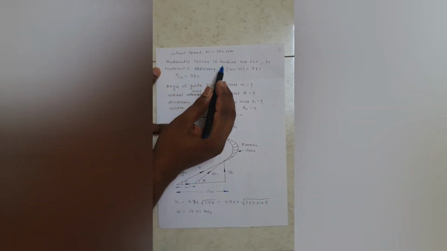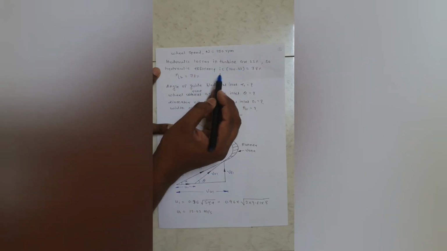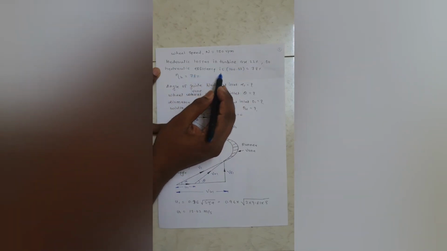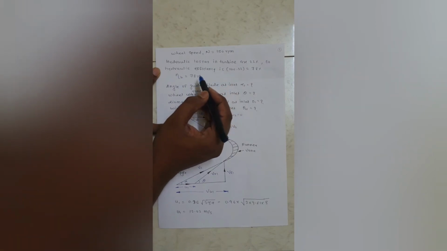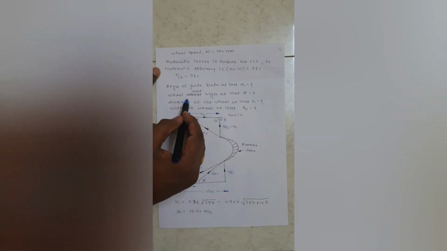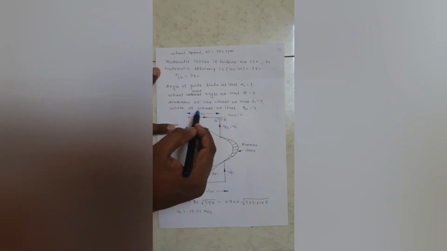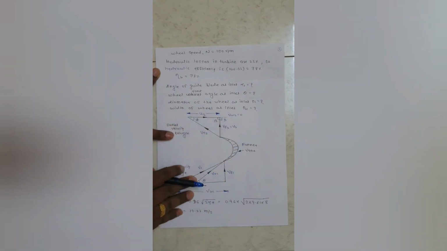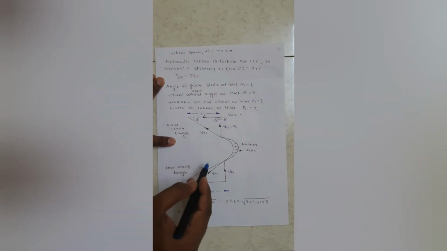Hydraulic losses in the turbine are 22%, that means hydraulic efficiency is 100 minus 22, that is 78%. So hydraulic efficiency is 78%. We have to find the angle of guide blade at inlet, that is alpha, the wheel vane angle at inlet, theta, the diameter of the wheel at inlet d1, and the width of the wheel at inlet b1. So for this inward flow turbine, the velocity triangle is like this. We have already seen that.